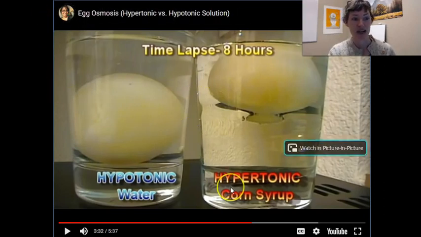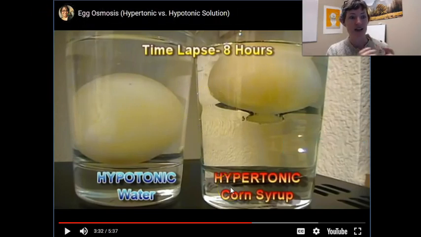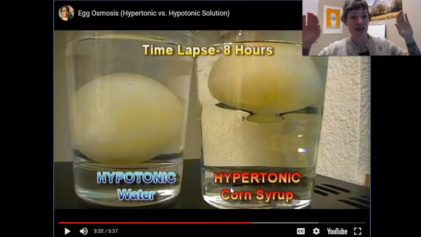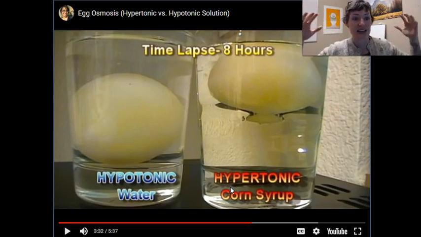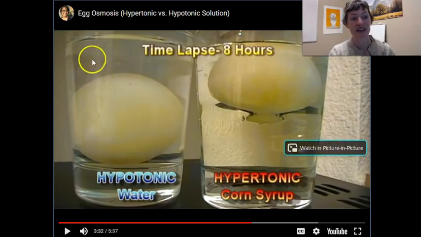Within the hypotonic glass over here, there is relatively low solutes in the exterior and relatively high solutes inside the egg, so water is rushing from the outside into the egg, causing it to swell up. So this egg is getting a little bit bigger, and this egg is actually getting a lot smaller.